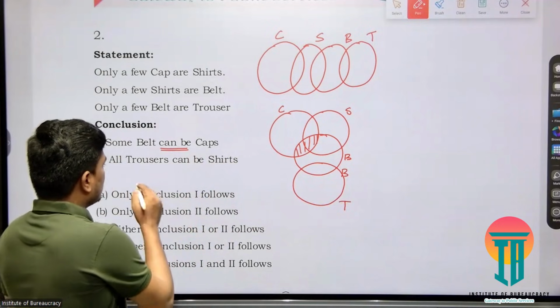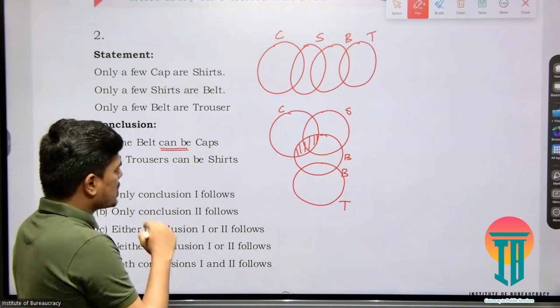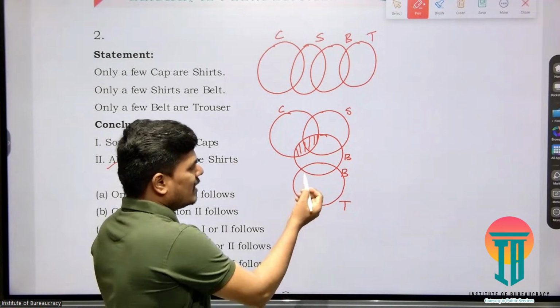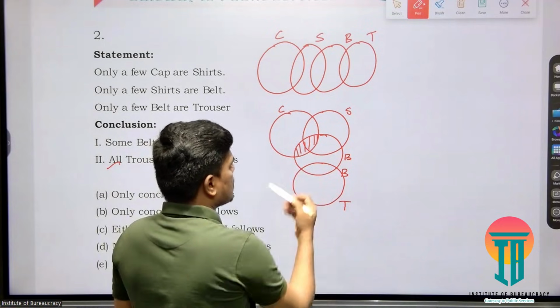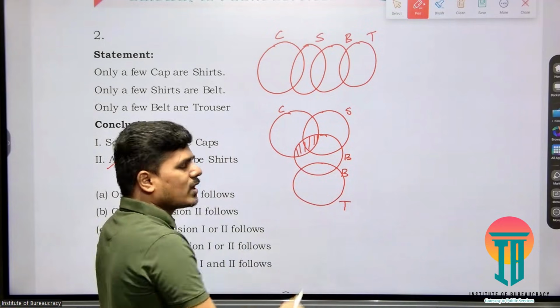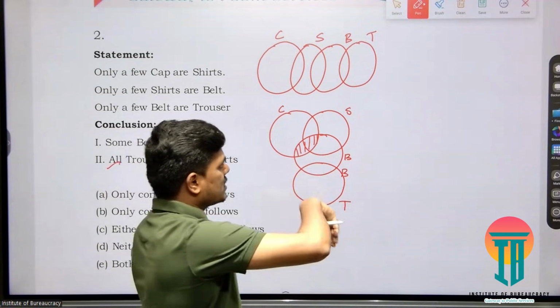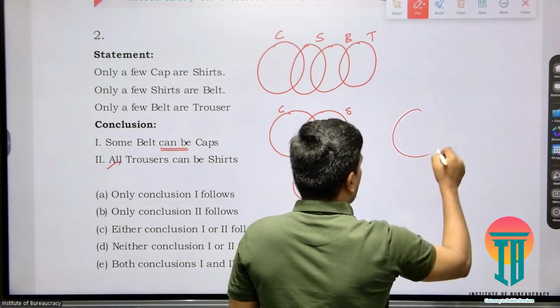Now, if you go to the second conclusion, all trousers can be shirts. In this diagram, there is no relation between trousers and shirts. But this is not the only way you can represent it. The other way is also there. Like this also you can draw.